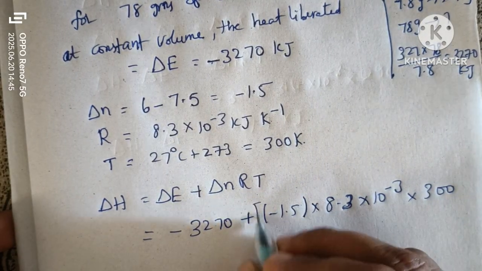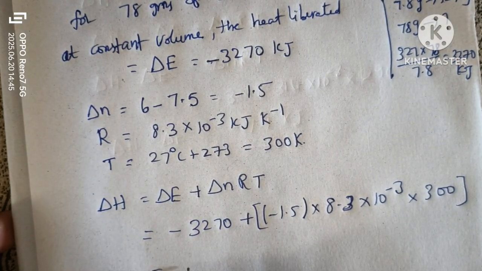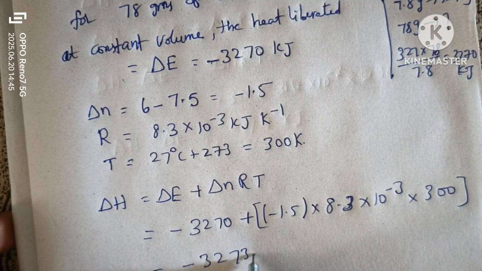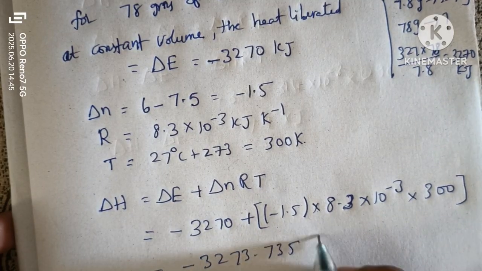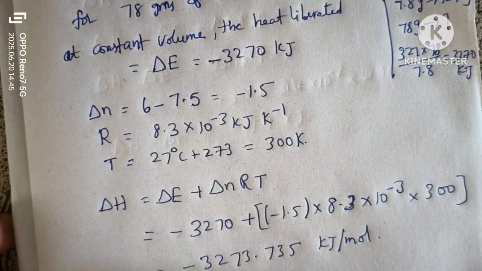So by solving this entire thing, we'll get the answer minus 3273.735 kilojoules per mole.